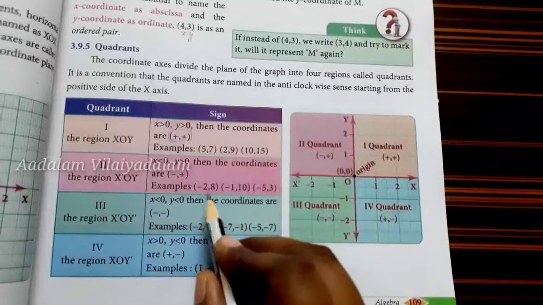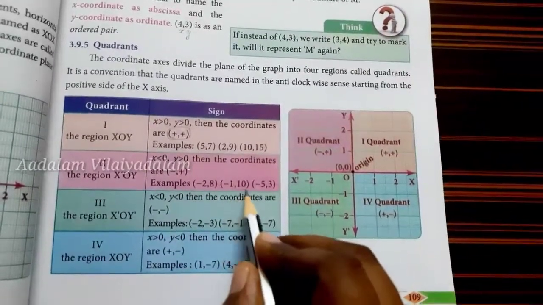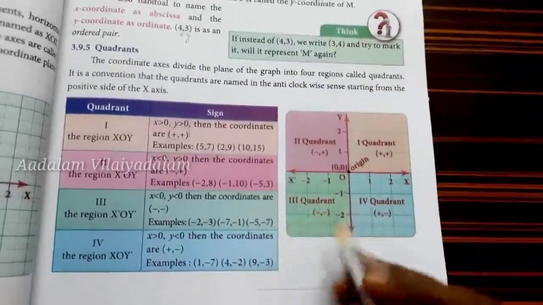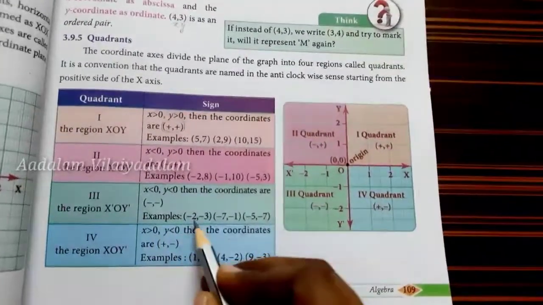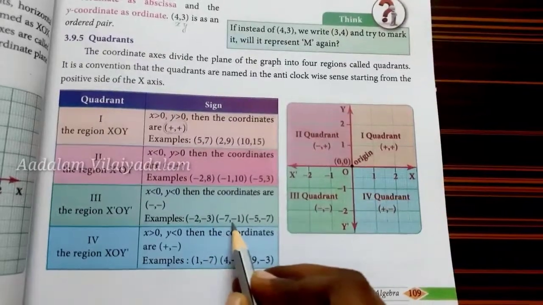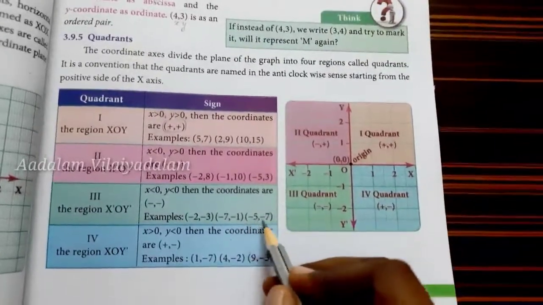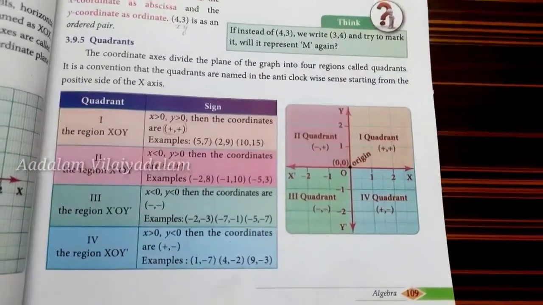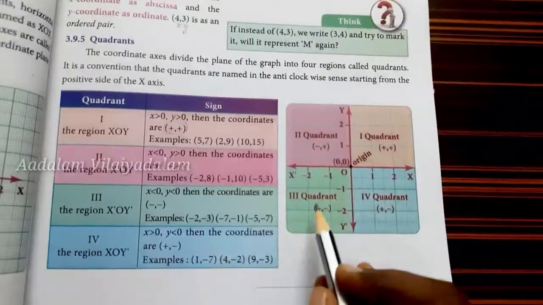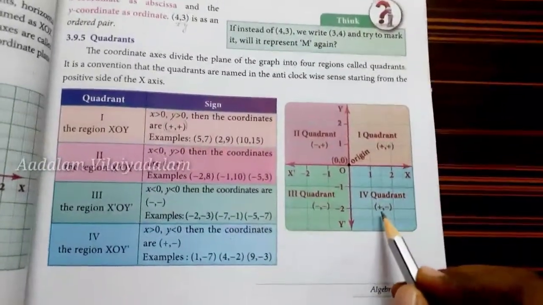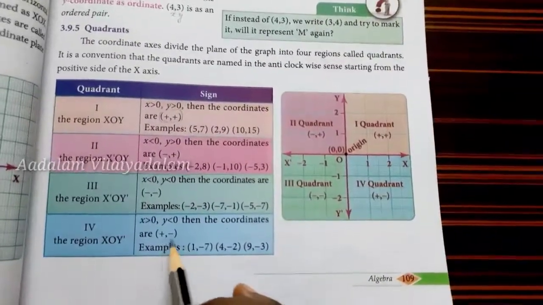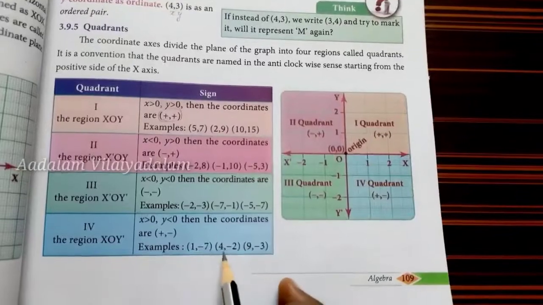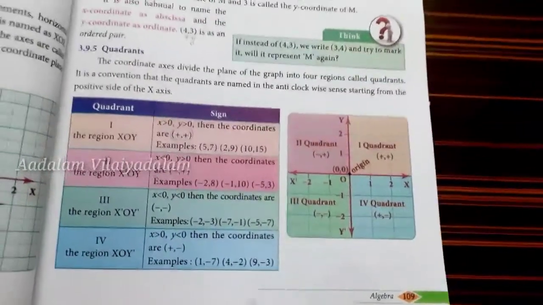For example, (minus 2, 8), (minus 1, 10), (minus 5, 3). For the third quadrant, both x and y will be negative. So therefore, (minus 2, minus 3), (minus 7, minus 1), (minus 5, minus 7). And next we can see the fourth quadrant, x will be plus and y will be negative. So therefore, (1, minus 7), (4, minus 2), (9, minus 3).